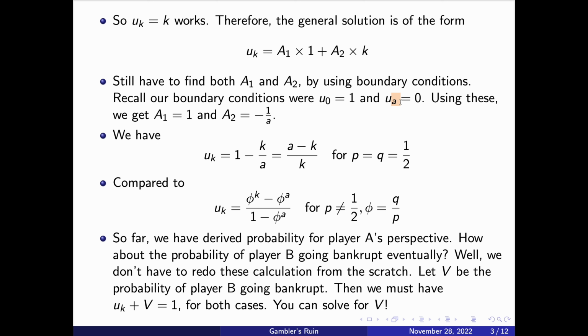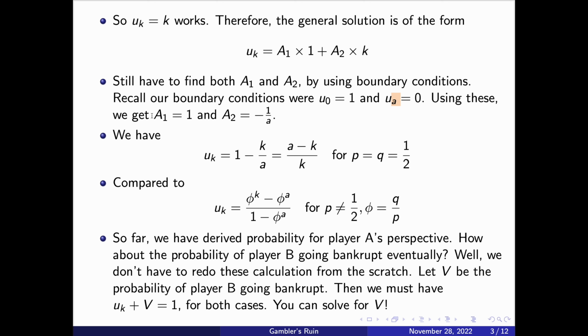When player A has a capital of A during any point in the game, that means that player will not go bankrupt. That means player B will go bankrupt. So using that, u_0 equals 1 and u_A equals 0, you can find that A1 is equal to 1, A2 is equal to negative 1 over A.